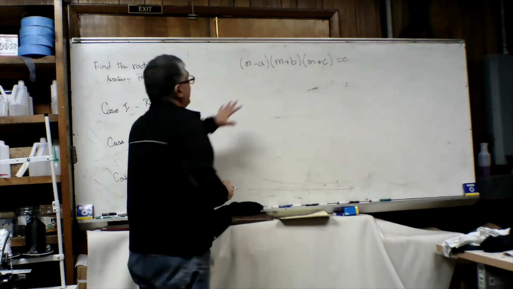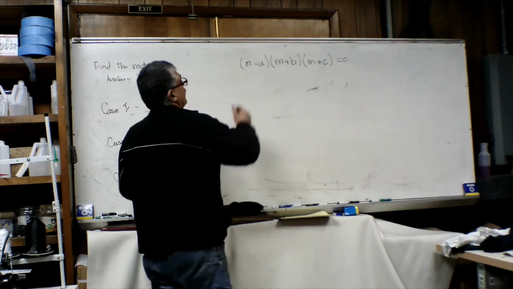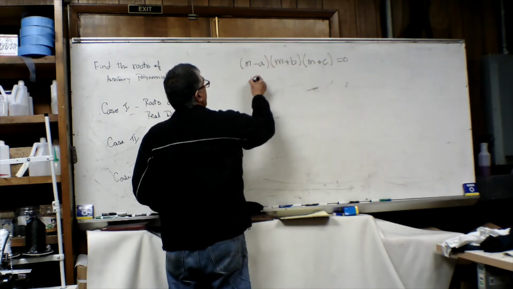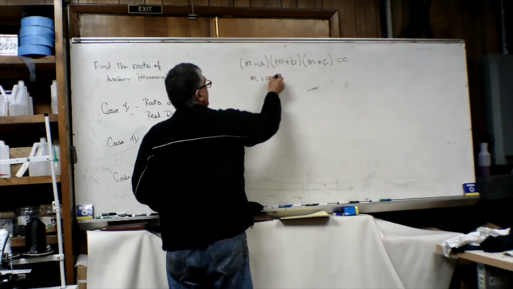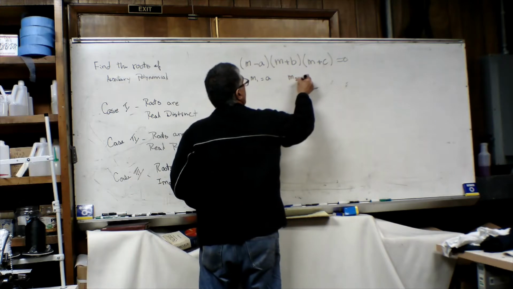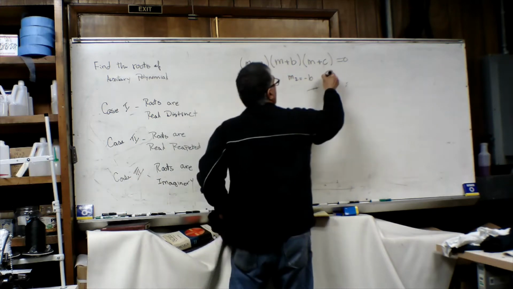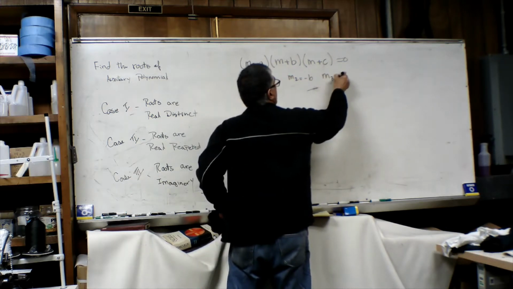So in this case, our roots, let's assume, are real. m1 will be equal to a, m2 will be equal to minus b, and m3 will be minus c.